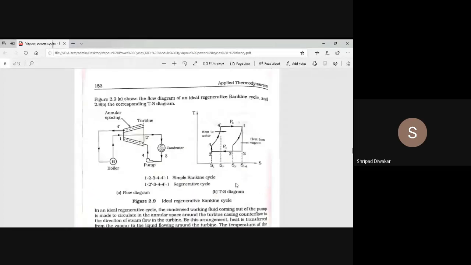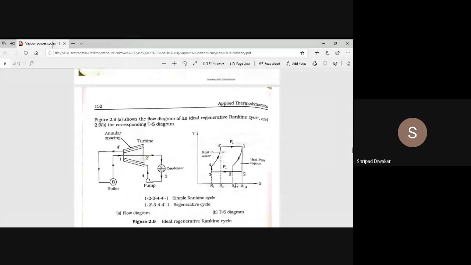Hence, the efficiency of the ideal regenerative cycle is exactly equal to that of the Carnot cycle, (T1 minus T2) by T1.